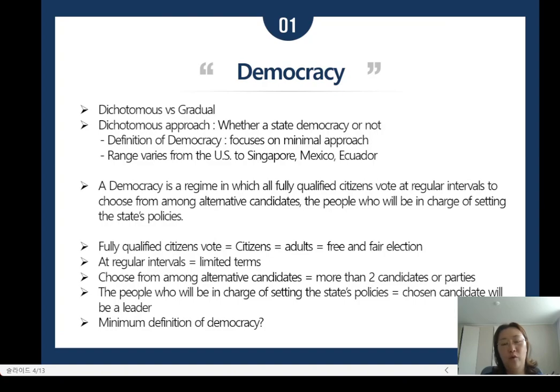So there must be more than two candidates or political parties. The people who will be in charge of setting the state's policy are the chosen candidates, who will be the leader, not others. That's the minimum definition of democracy. So we will discuss whether we need more than this to satisfy the minimum level of democracy.